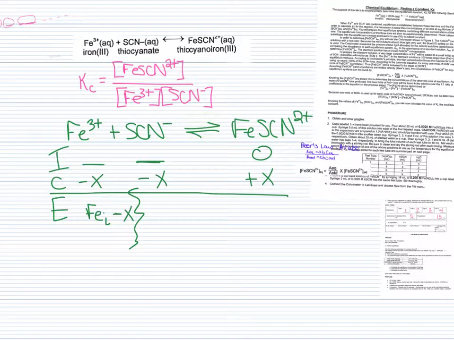For this one, you're going to have SCN minus initial minus X to get your equilibrium values, because remember, this is what's needed in order to use your equilibrium expression. And finally you have 0 plus x, and you actually found this one in the lab.